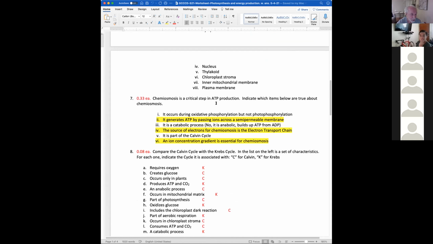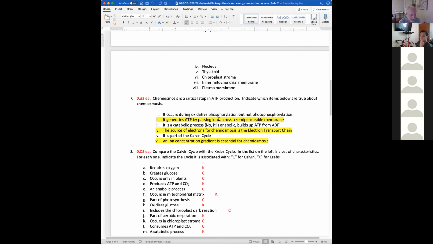Number 7, chemiosmosis is a critical step in ATP production. Which of the following are true? Well, the first one is not true because it does occur in photophosphorylation. Generates ATP by passing ions across a semi-permeable membrane.